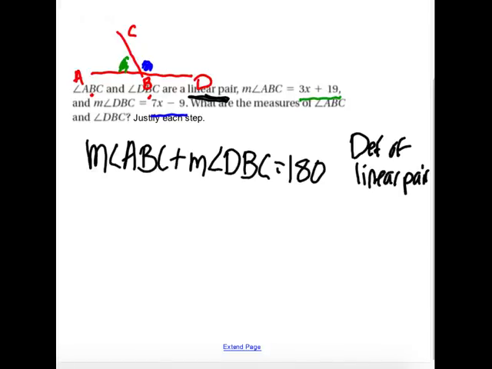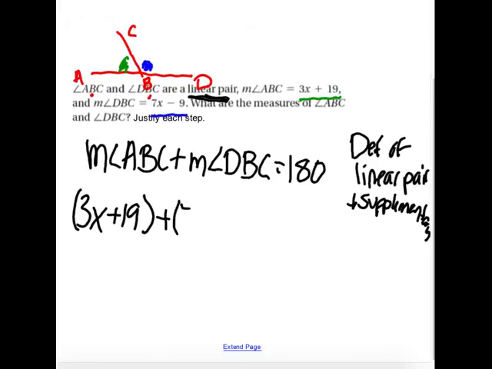I know that it adds up to 180 because linear pairs are supplementary. Okay. Now I'm just doing what we've been doing. Substitution. So ABC, 3x plus 19, plus DBC, 7x minus 9, equals 180. Again, substitution.